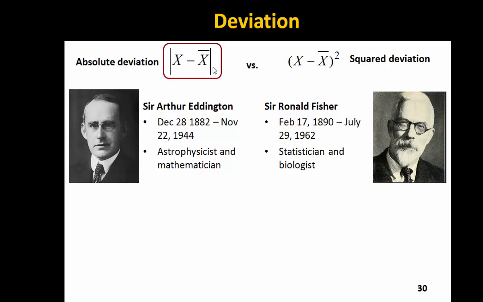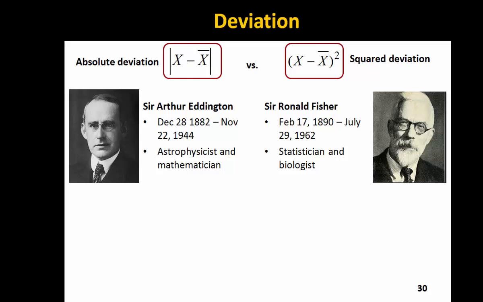What results are all positive values, divided by n to get an average deviation score. Sir Ronald Fisher proposed a different approach: instead of calculating the absolute average, square the deviation score.